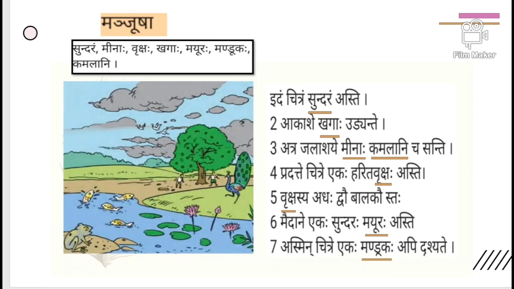For example, Sundarah Vrikshah. Here, Visheshana is Sundarah, Vrikshah is Visheshya. Prasanna Balika, in feminine gender, that means Strilinga. In neuter gender, Sundarani Pushpani, Sundaram Chitram.